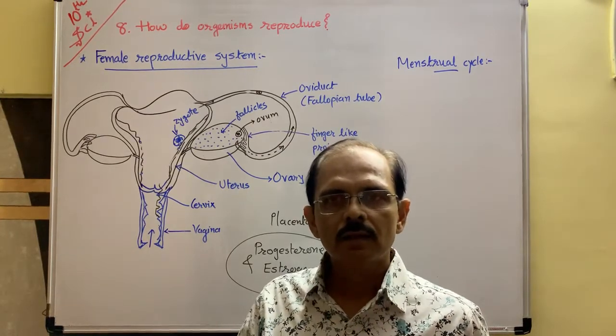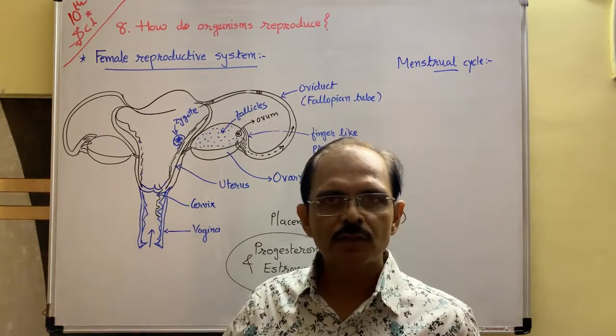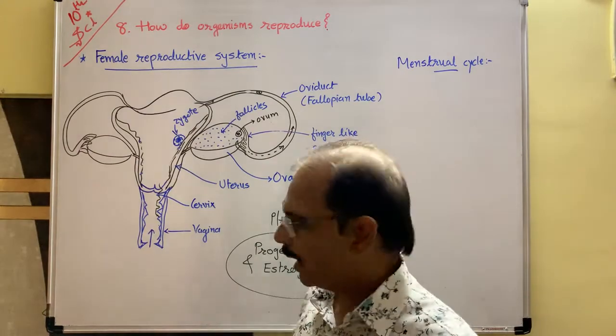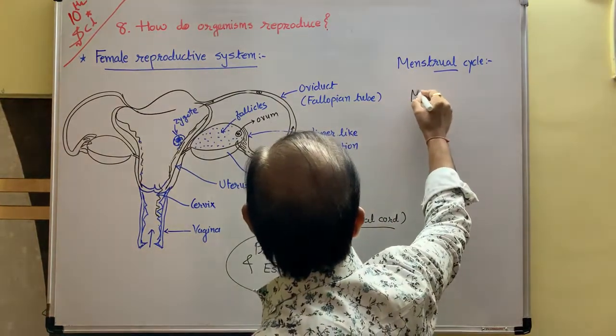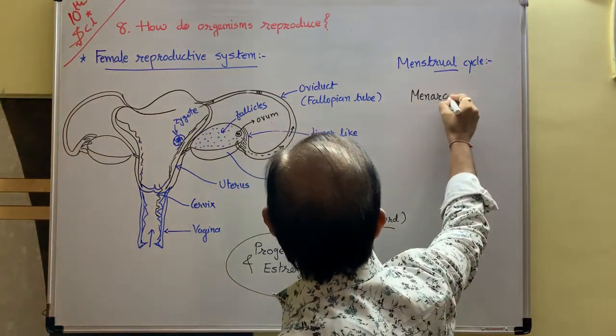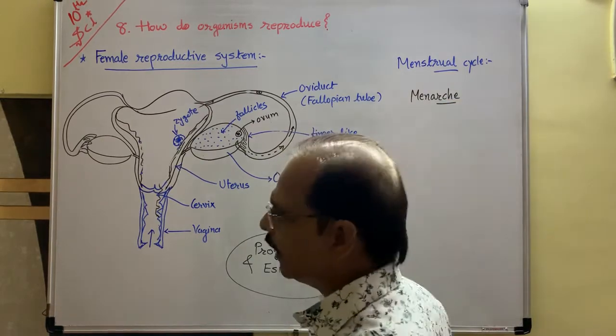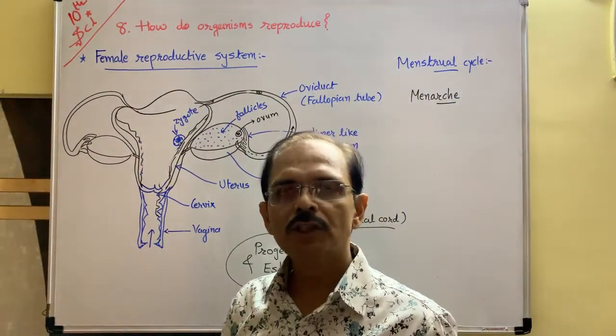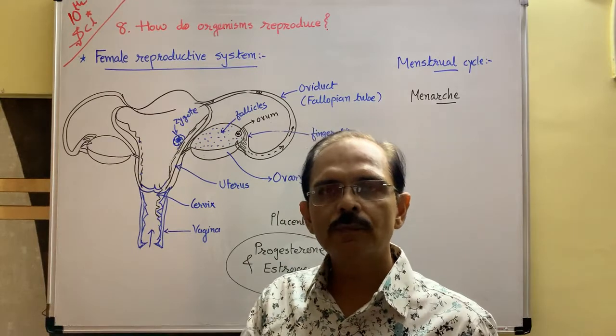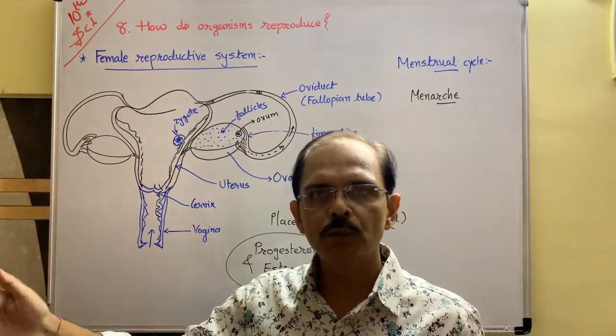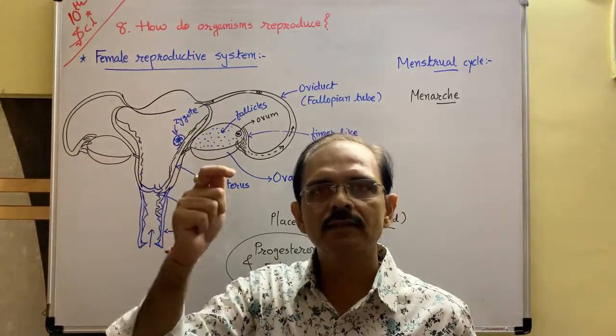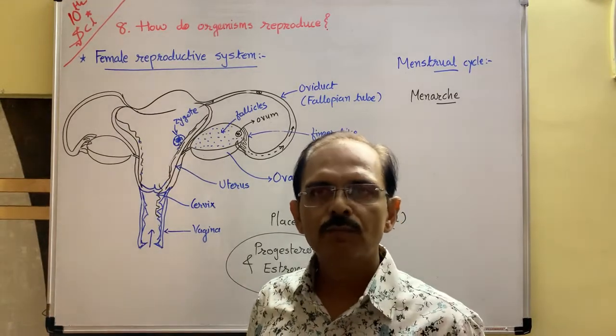When a girl comes into the puberty stage and the menstrual cycle starts, this stage is known as menarche. What do you mean by menarche? Menarche is the stage when girls become mature, enter into puberty, and the menstrual cycle starts. That is called menarche.